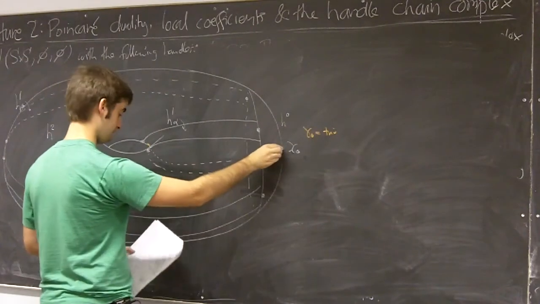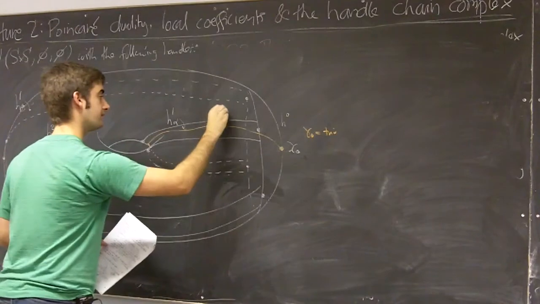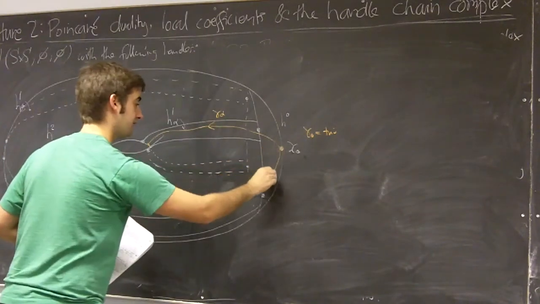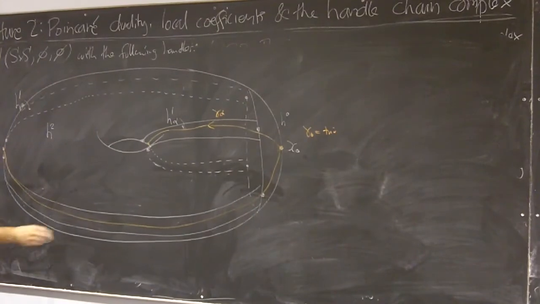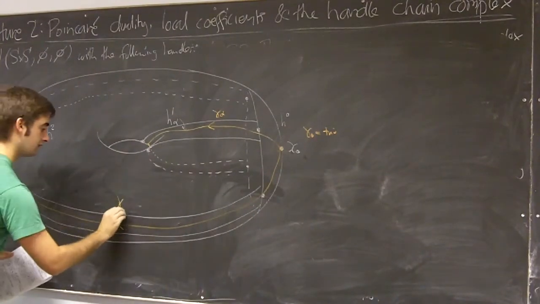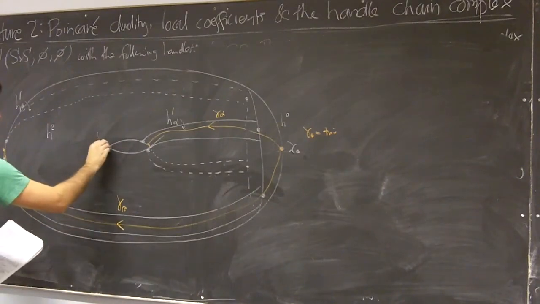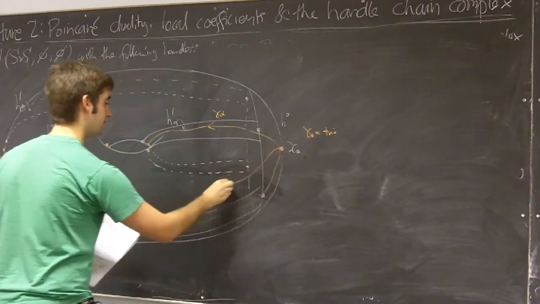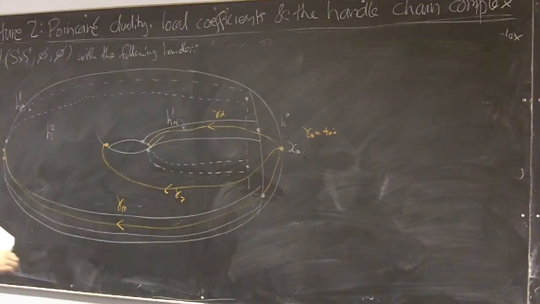Then gamma alpha, well, here's the center of the one handle. Gamma alpha will choose to go this way, along that part of the handle. Gamma beta will take down here to the core there. And then finally the center of the 2 cell is roughly here, and we'll just take gamma 2 to go there in this direction.